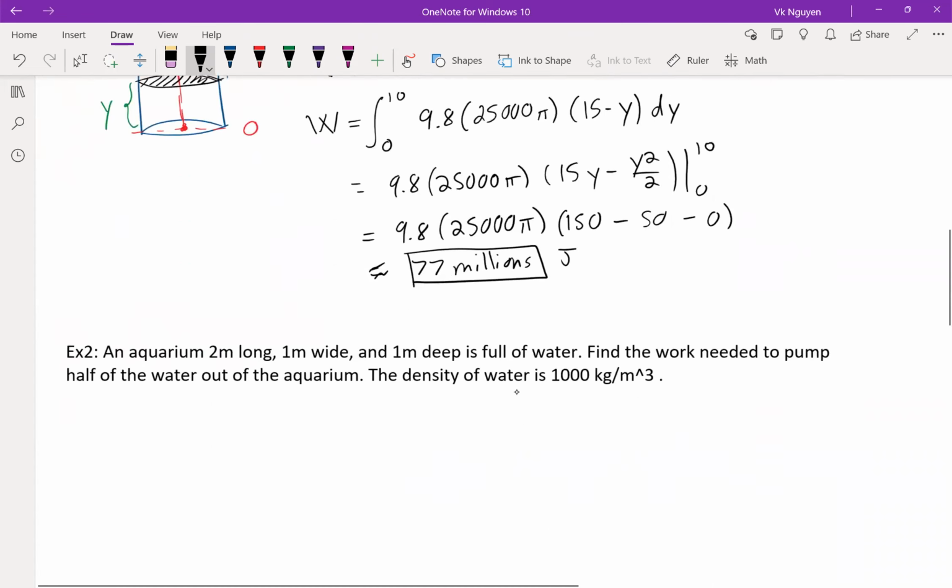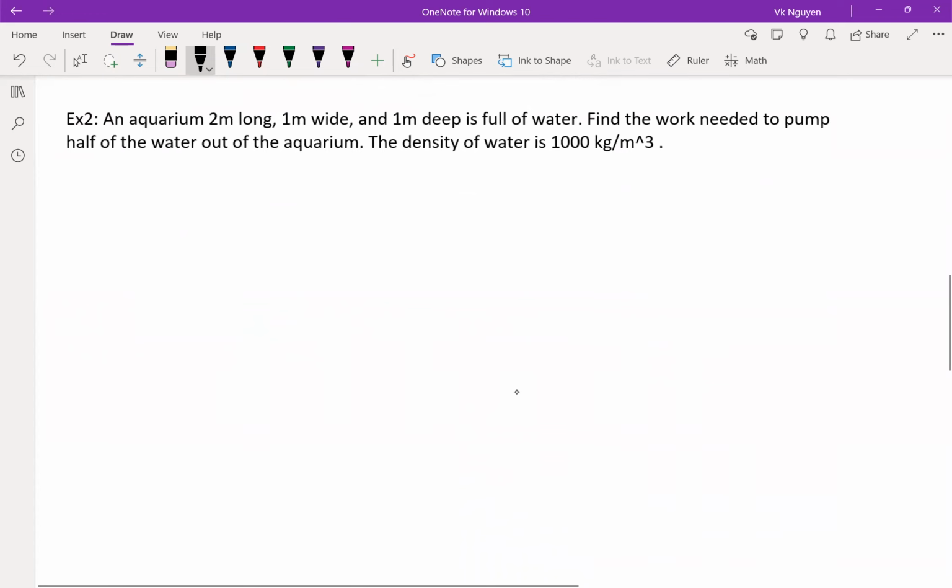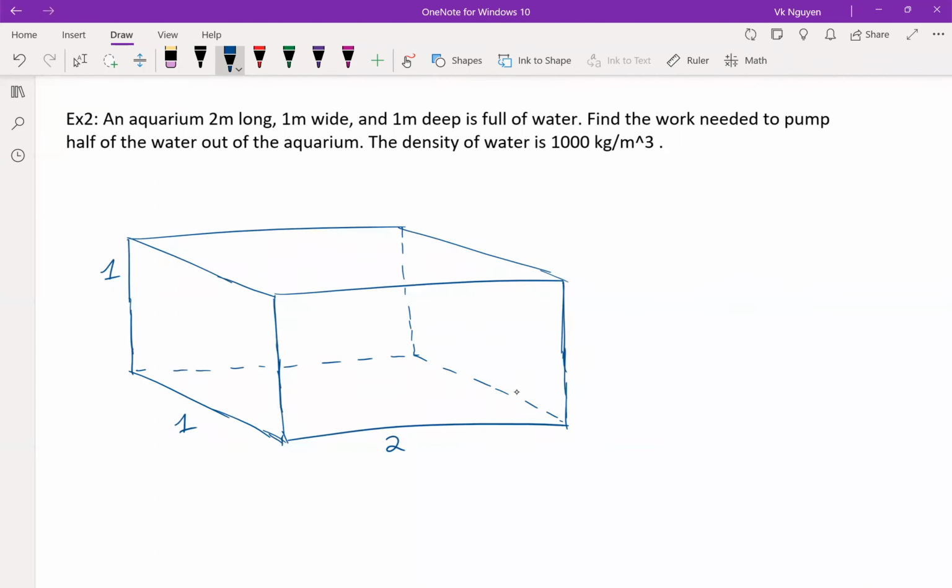Let's take a look at the second one. In example 2, an aquarium 2 meters long, 1 meter wide, and 1 meter deep is full of water. Find the work needed to pump half of the water out of the aquarium. Here is the sketch of an aquarium.